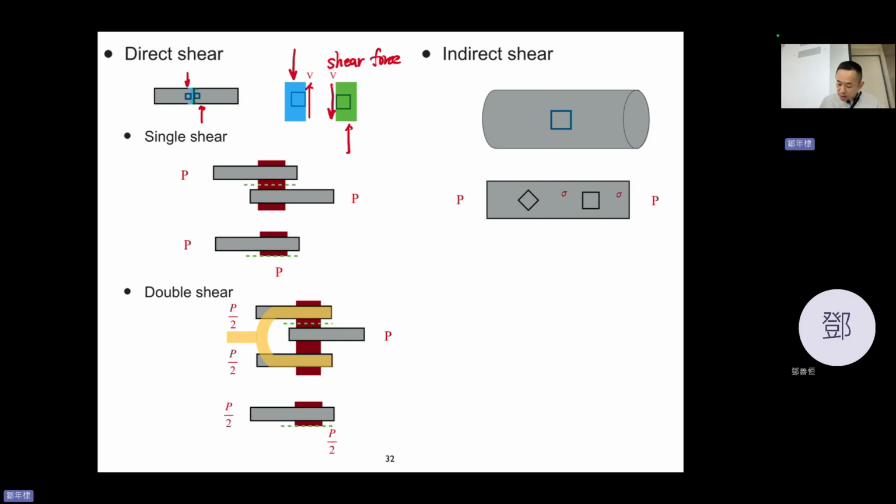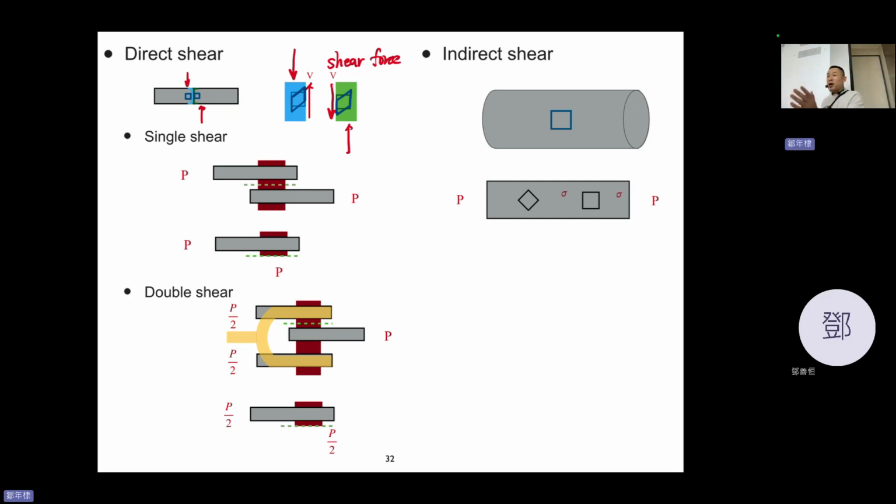After the shear, you can imagine that it will look like this, because the right hand side goes up and the left hand side goes down.